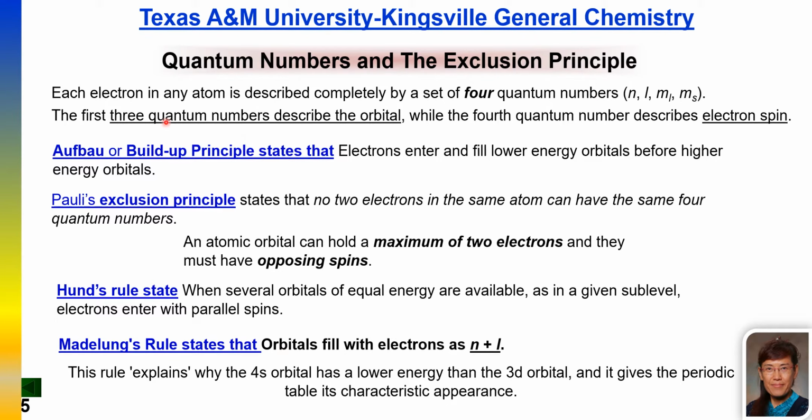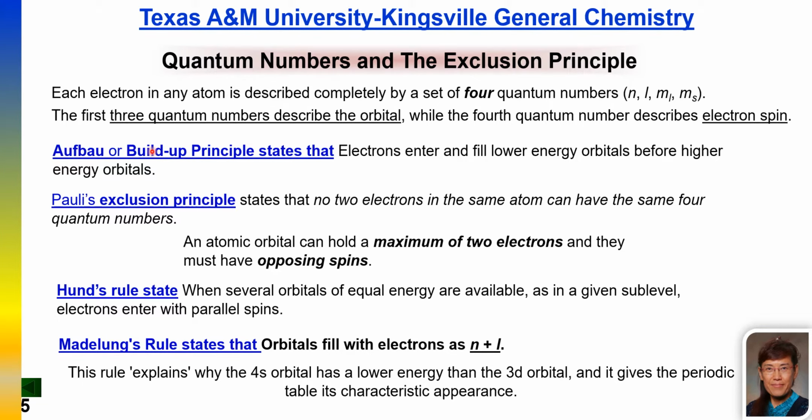The first 3, as we stated, describe the orbital. The fourth one describes the electron spin. You have 4 different rules which guide us to allocate electrons into different orbitals: the Aufbau build-up principle, Pauli's exclusion principle, Hund's rule, and Madelung's rule.